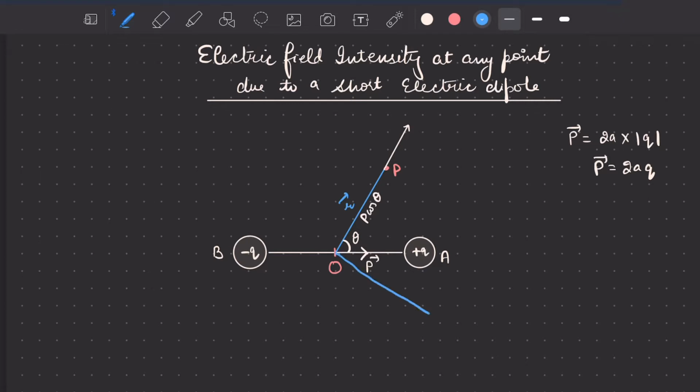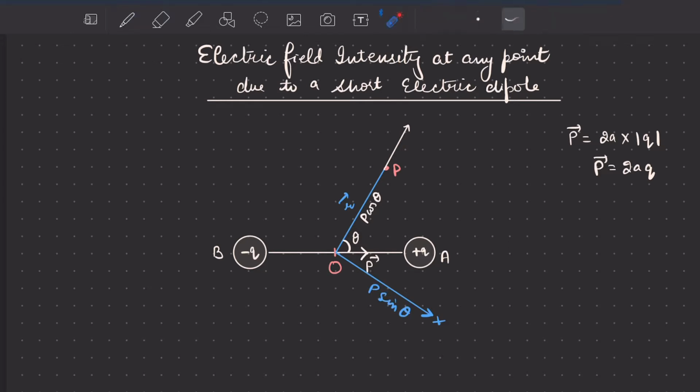So I am making it along OX. Now it is a clear indication that the line OP extended further is making an angle of 90 degrees with this line OX. Therefore, the component p sin theta will act along the OX direction.